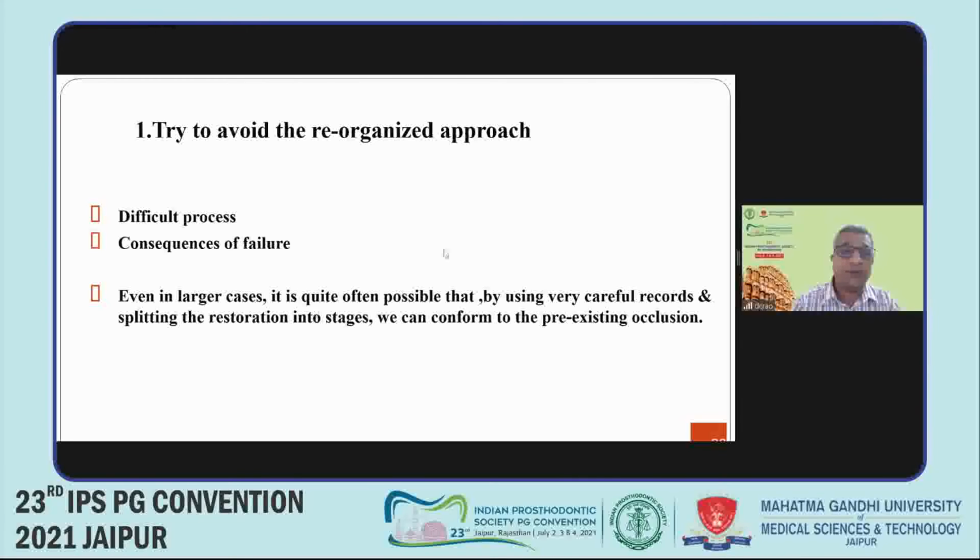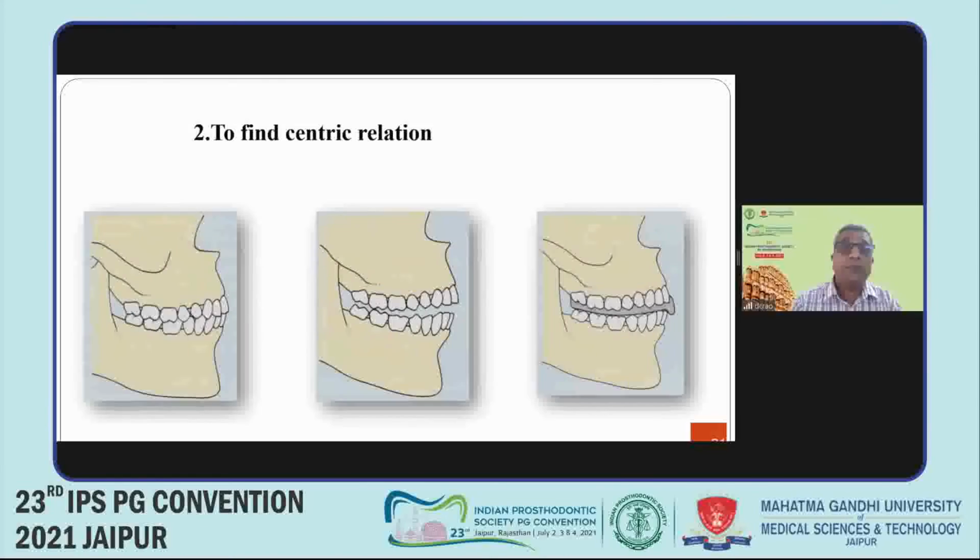You can also split the case into stages and go ahead. I'm not going to explain the confirmatory approach as it is simple to understand, because you are using the existing intercuspal position itself.